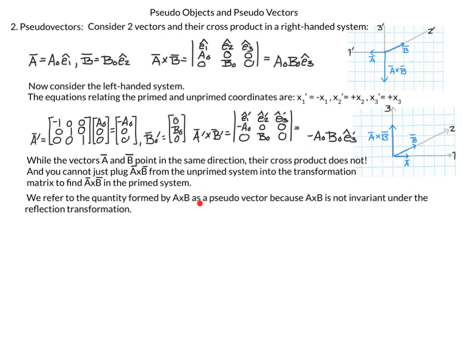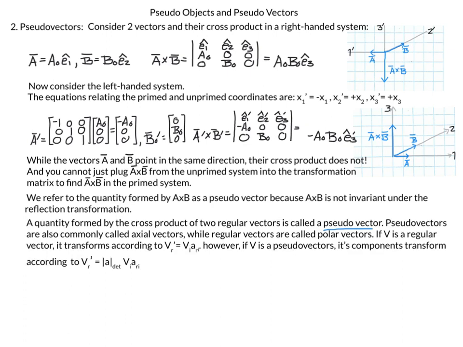So this presents us a problem. What we say is this quantity formed by A cross B is a pseudovector, because A cross B is not invariant under the reflection transformation. We just saw that when you transform A cross B with a reflection, you're not going to have something invariant. You're going to have something pointing in the opposite direction.